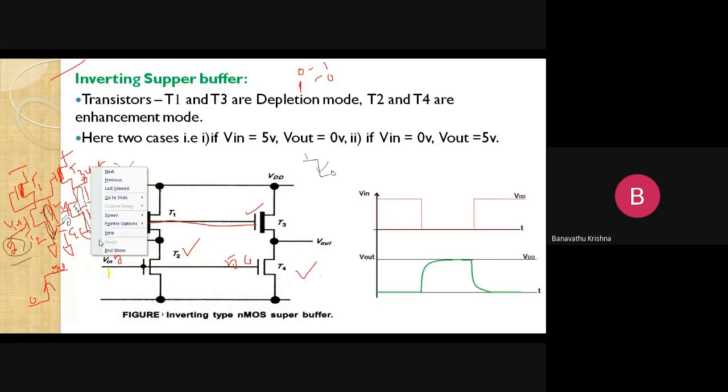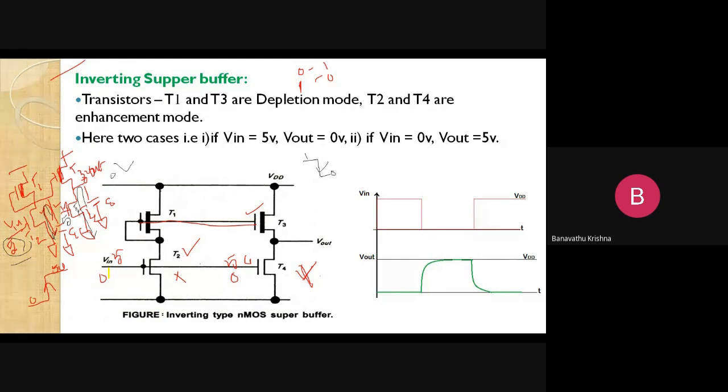Here it is 0 volt. Then T2 is going to be in the off condition. Similarly, whatever the value here, the gate is also connected to transistor T4. So here also 0 volts is applied, then it is also in the off condition.